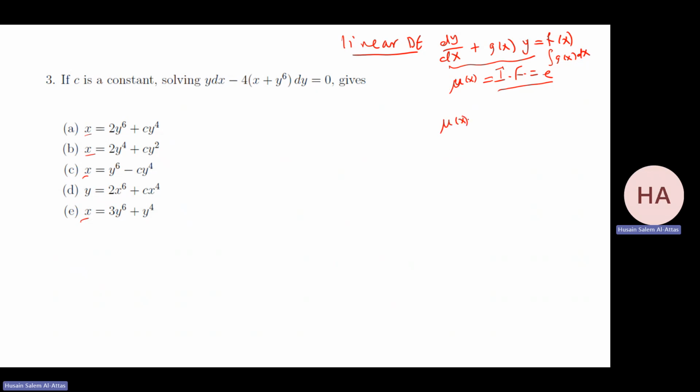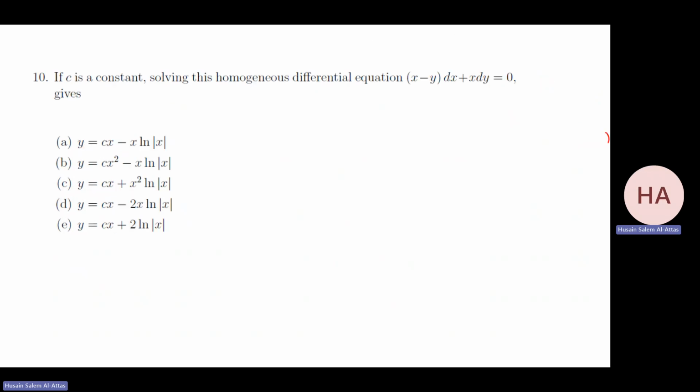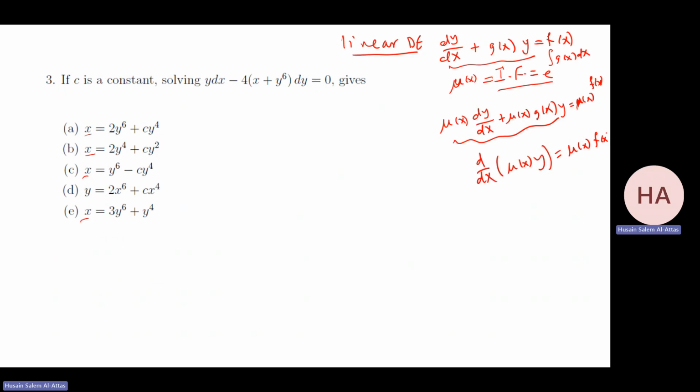So you have mu of x dy over dx plus mu of x g of x y equal mu of x f of x. The idea is that this side will be d over dx of mu of x y, and this is mu of x times f of x.